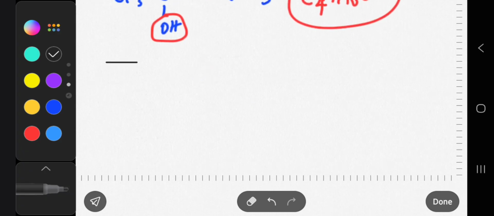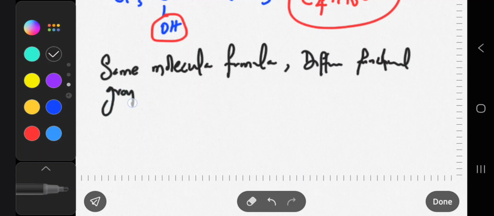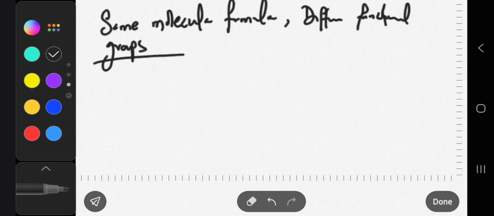You know, there is always the same molecular formula, but this time different functional groups. All right. In this case, they have the same molecular formula but different functional groups, resulting in compounds belonging to different homologous series. So I'll just give an example so that you understand what I mean.